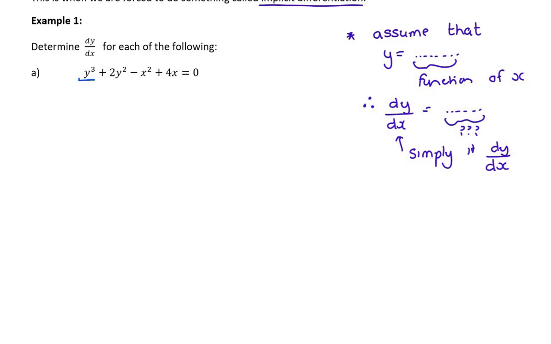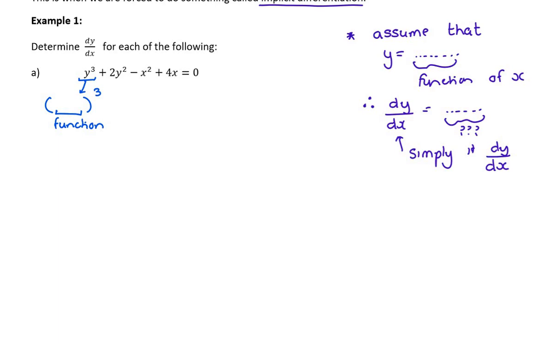So let's have a look at y cubed. Now y, I don't know what y is. If I knew what y is equal to, it's basically something cubed. Now I don't know what y is equal to, so I've left that blank. Now how would you differentiate something cubed? If there's a function inside here, I'm hoping that you would agree with me that this would be the chain rule.